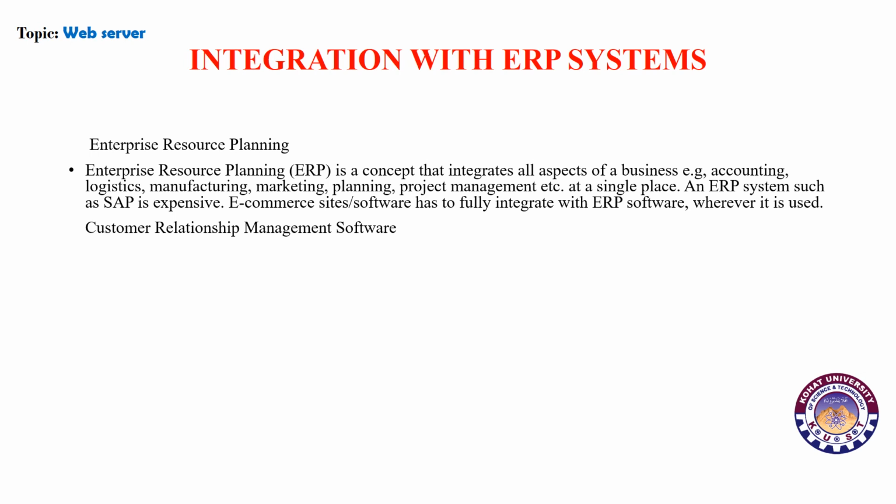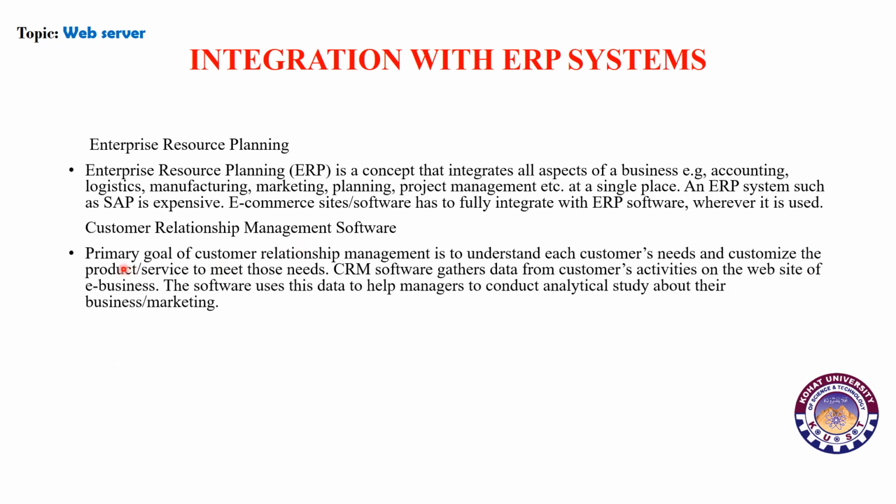CRM, or customer relation management software. The primary goal of customer relation management is to understand each customer's needs and customize the product and services to meet those needs. CRM software gathers data from customer activities on the website of e-businesses. The software uses this data to help managers conduct analytical studies about their businesses and marketing.